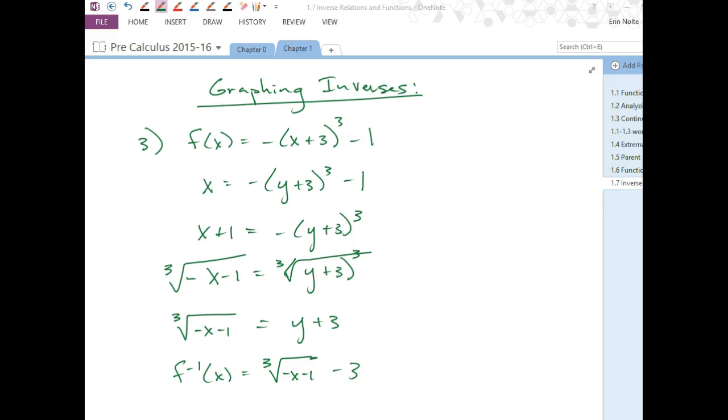Okay, so I'm going to pull up Wabbit and graph these. Maybe.